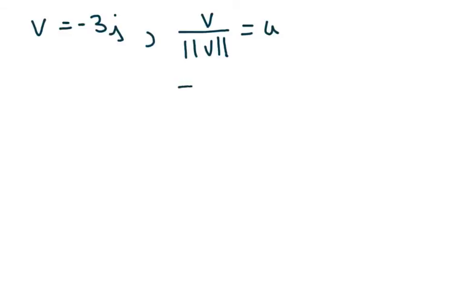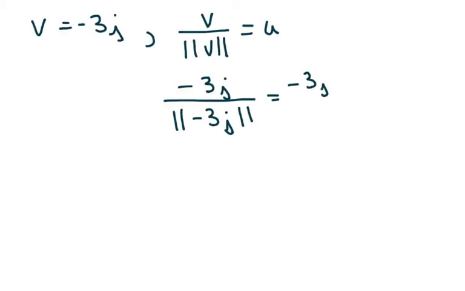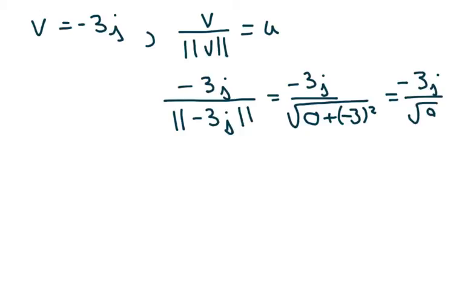So we get negative 3j over the square root of 0 plus negative 3 squared, which is the square root of 9. All this equals negative 3j over 3, which equals negative j.